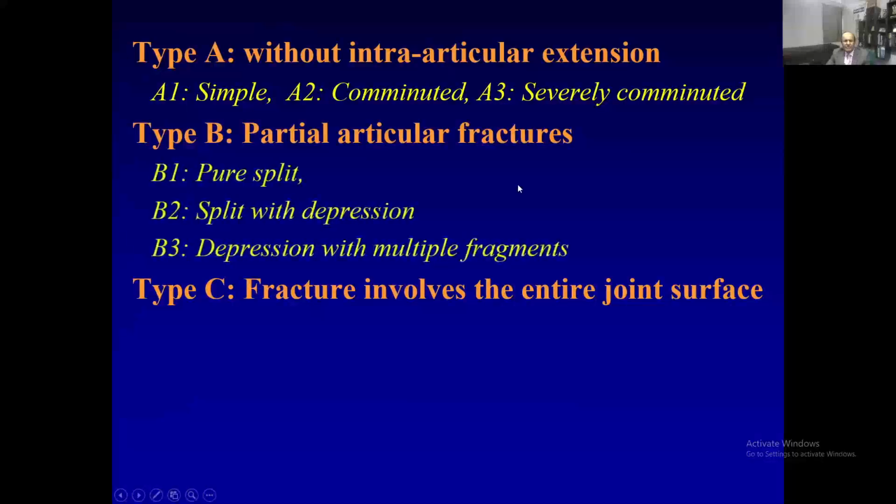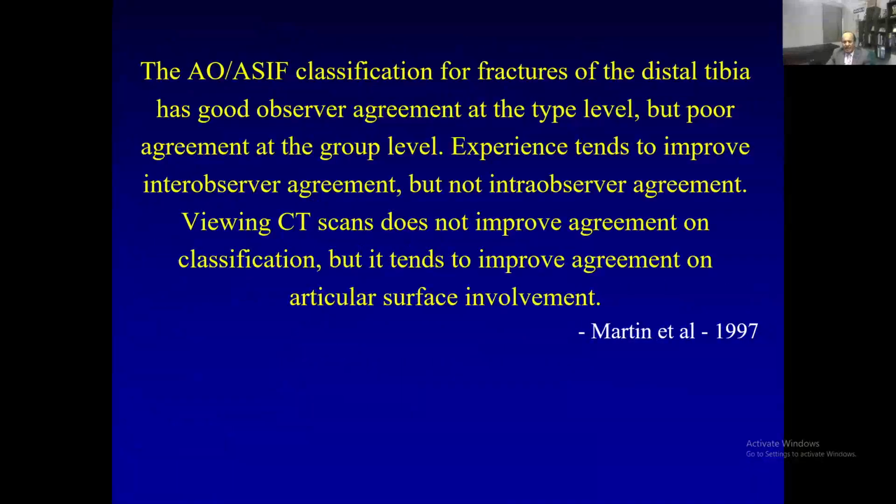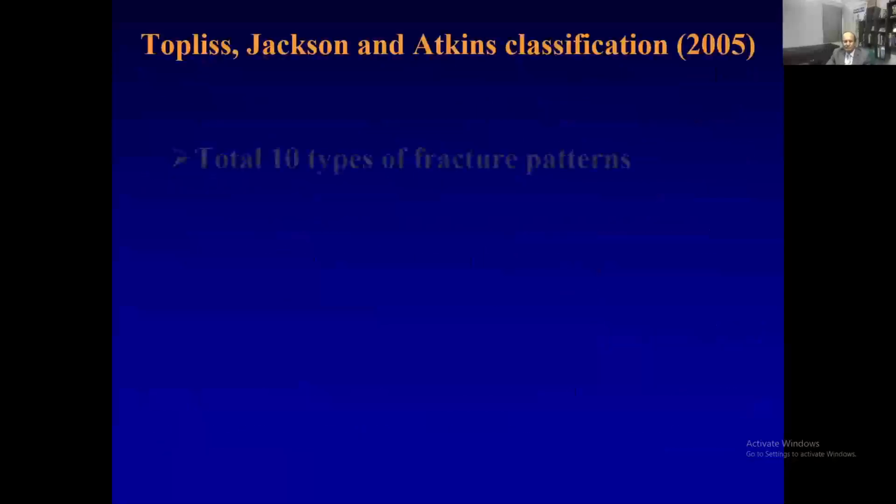So here are further details about this classification system. There is poor to moderate inter-observer and intra-observer reliability for both the AO and Rüedi and Allgöwer classification systems.